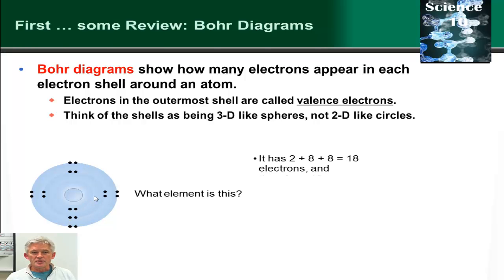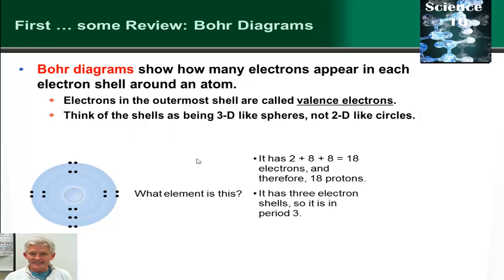Count the electrons. We got 2 in the first shell, 8 in the second, 8 in the third, total 18 protons. So in my way of thinking, I take that 18 protons and I look at my periodic table. 18 looks to me like that has to be argon, right?